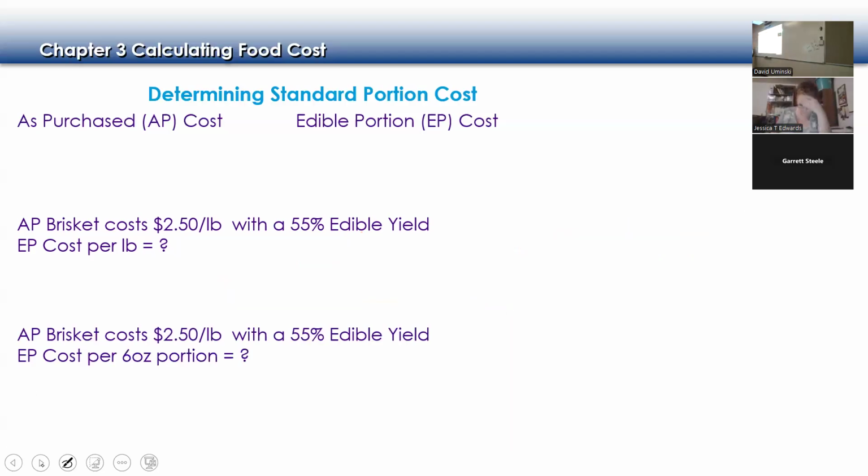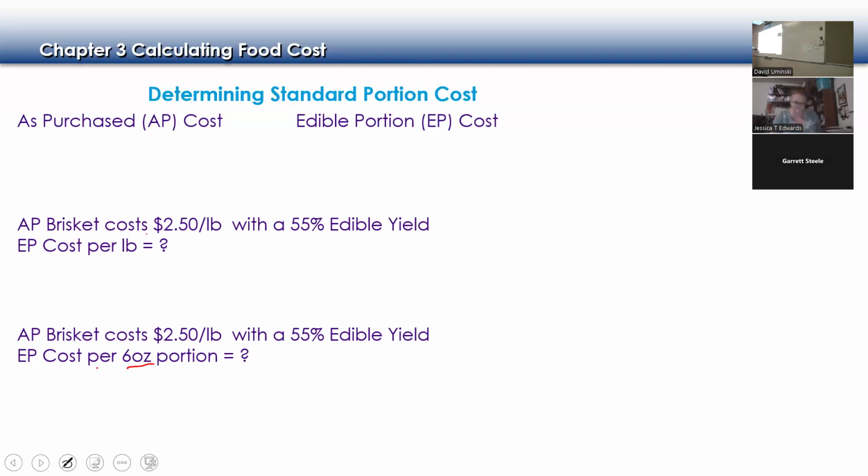Now this one, can we just do a simple division? If I want to figure out what my cost of a 6-ounce portion is, can I divide 2.50 by 0.55? What do you think? Yes, thumbs up, thumbs down for no, thumbs sideways for I'm not sure what you're asking me. Up here, we did 2.50 per pound divided by 0.55 and it gave us $4.54 per pound. That's our edible portion cost.